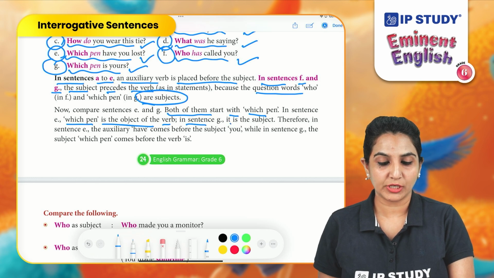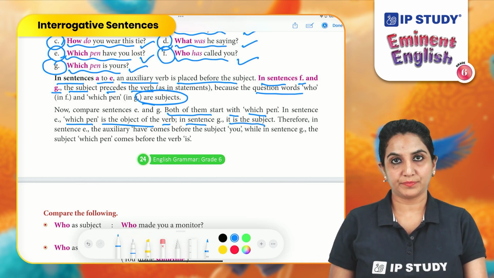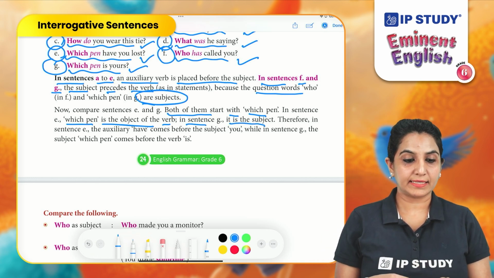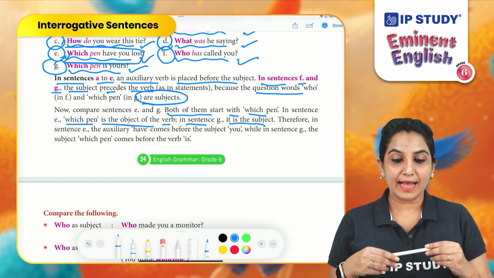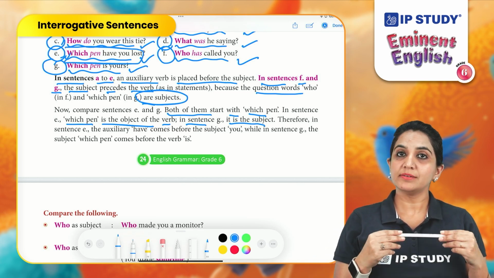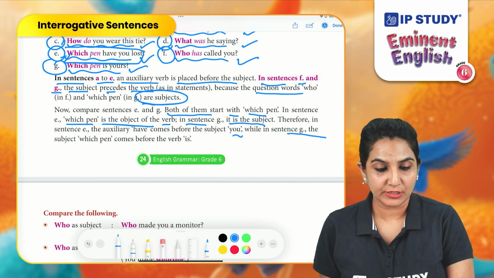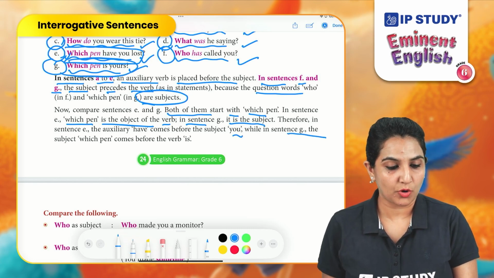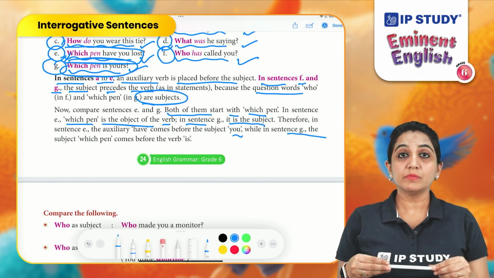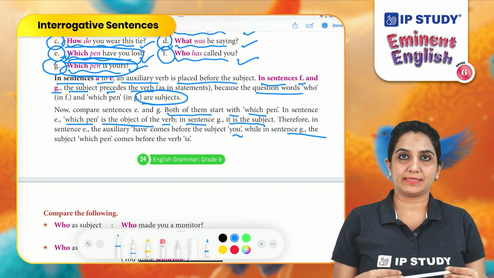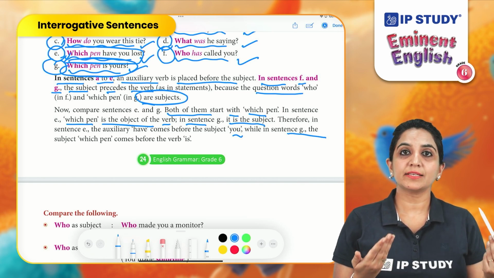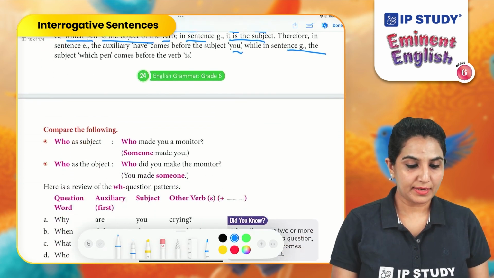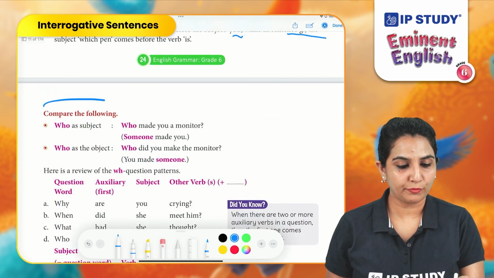In sentence G, it is the subject. Therefore, in sentence E, which pen have you lost, the have comes before the subject. In sentence G, which pen is yours, which pen comes before the verb is, because it is the subject in this question. Let us compare the following now.